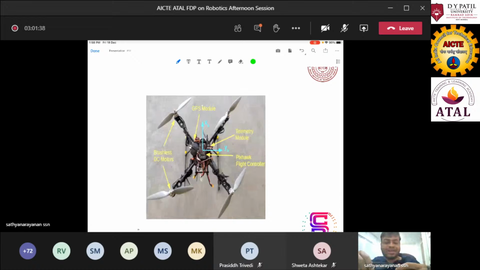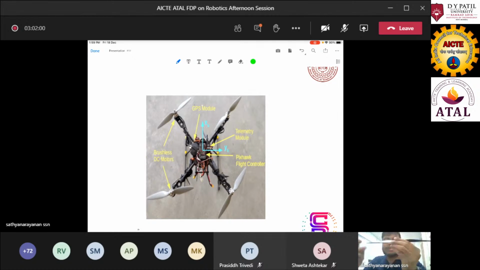I will tell you why in a minute. Whether it is clockwise or anti-clockwise is written on the propeller: if it is written R, then it is a clockwise rotation, and if it is written L on the propeller, then it is an anti-clockwise rotation.